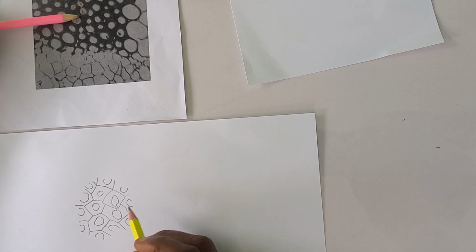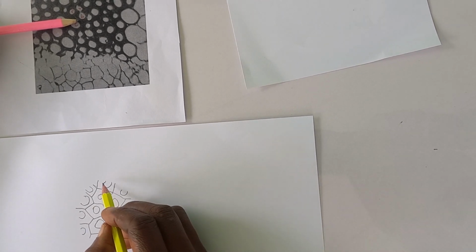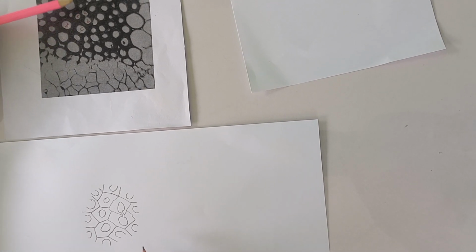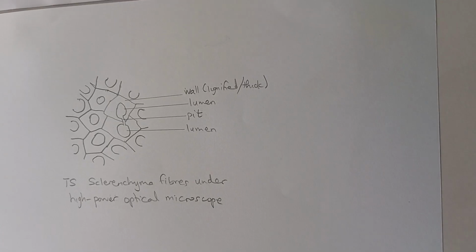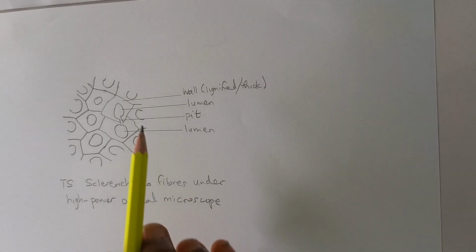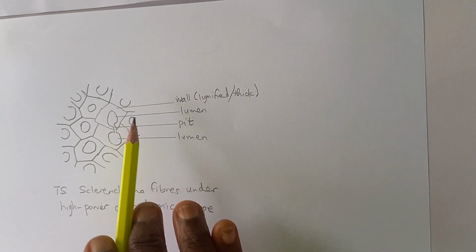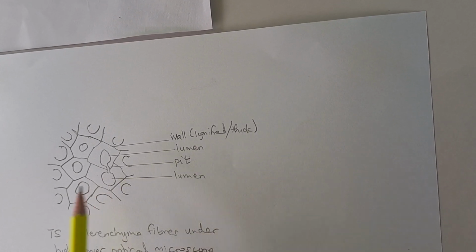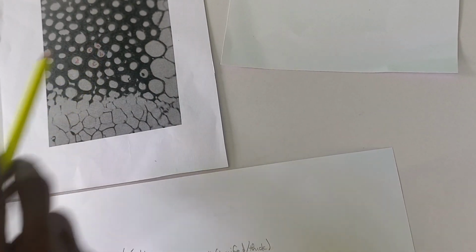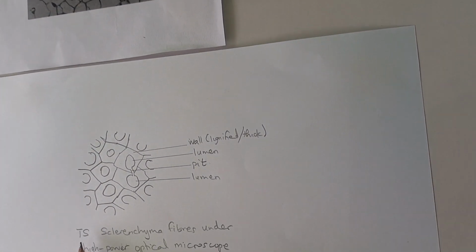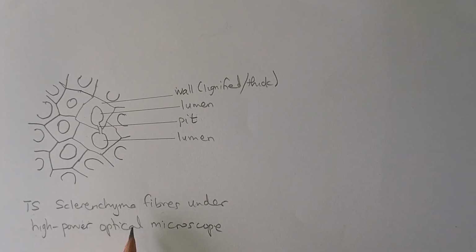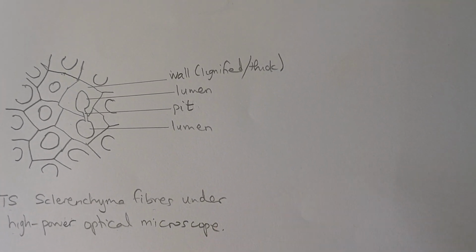So here we are with our sclerenchyma with the lumen. So here we are with a thick wall thickening, lumen, pit, lumen of this sclerenchyma tissue. So TS sclerenchyma fibers under a high power optical microscope.